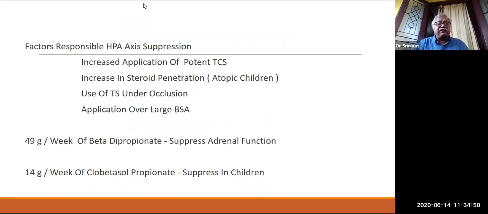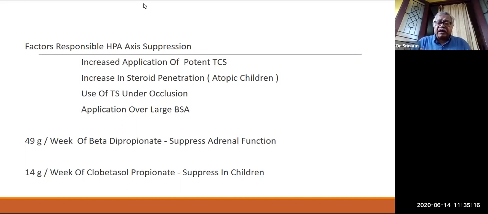So, what are the factors responsible for axis suppression following topical steroids? Using a more potent one, and in case of atopic dermatitis, where the barrier is not there, if you use a potent one all over the body for a long time, then you are likely to develop this HPA axis suppression. But fortunately, it does not seem so common in atopic dermatitis. I don't know why. Probably because they have a hyperactivity, they tend to metabolize.